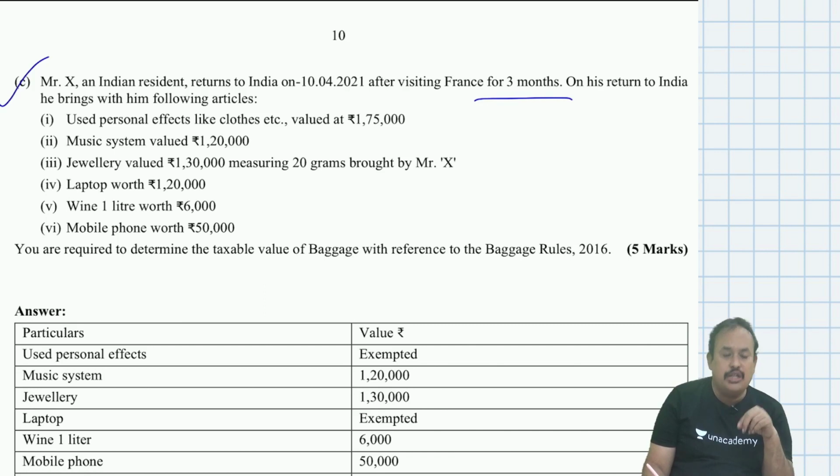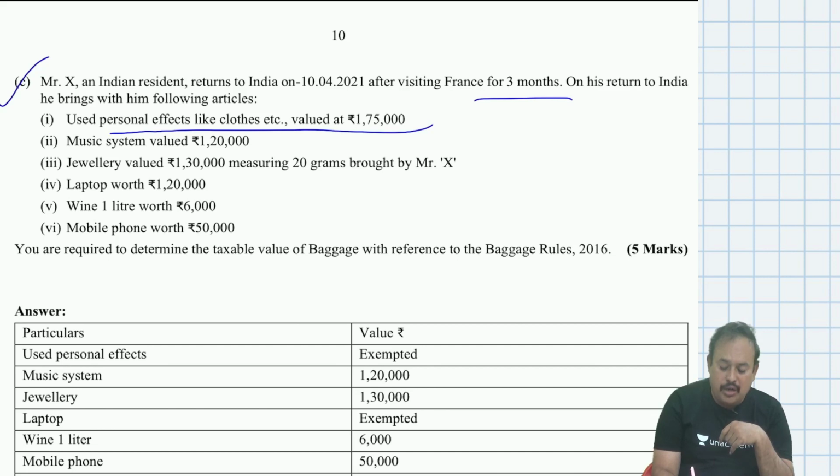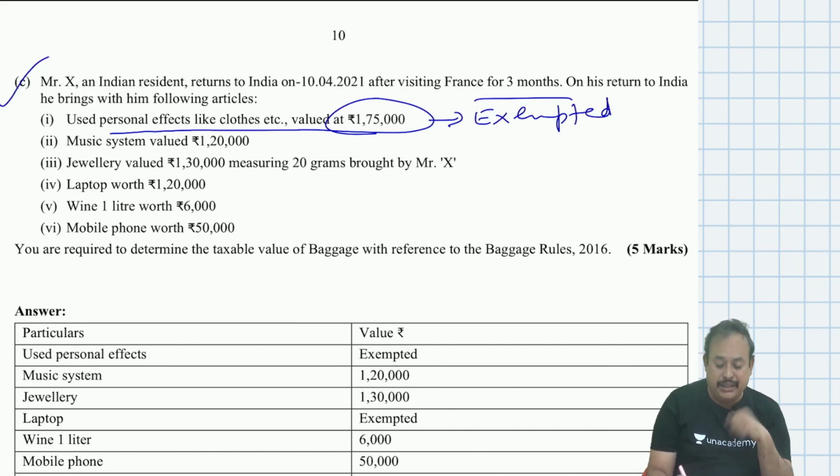On his return to India, he brings with him the following: used personal effects like clothes valued at 1,75,000, exempted, no duty on baggage. Music system 1,20,000, yes, taxable.